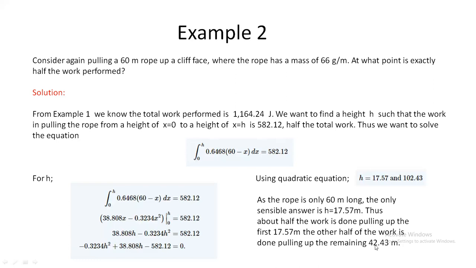The rest of the remaining work, the 582.12, is used in pulling up the 42.43, because you have lesser weight already to pull up. So you have lesser weight, so you have more distance covered for the same amount of work, which is 582.12.